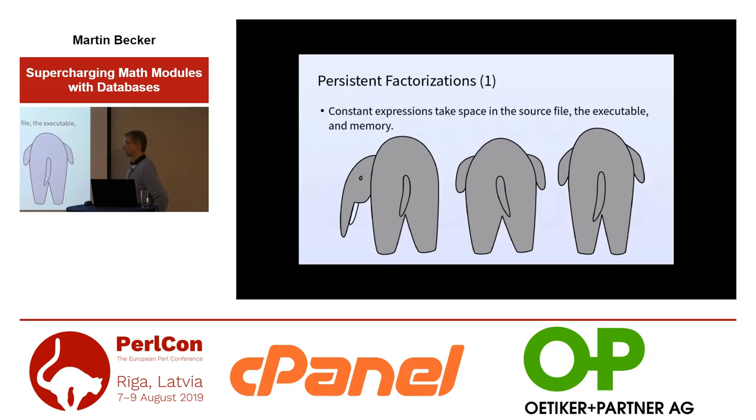It takes 3 times the space. First in your source file, the things your maintainer has to read. Then in the executable, in what Perl has to execute, and of course in your runtime memory, random access memory, which is very precious, although you only need read-only data.